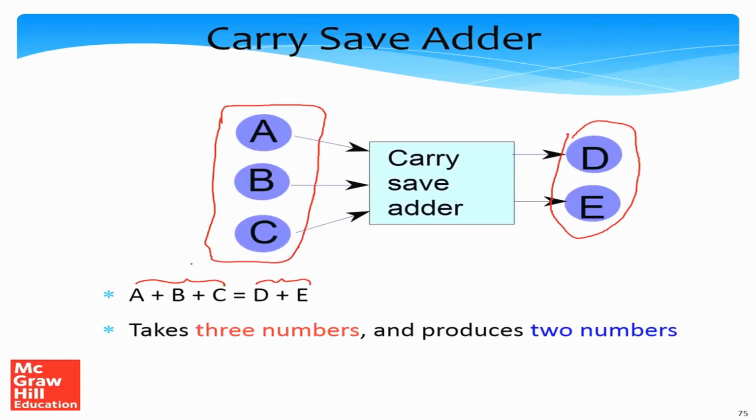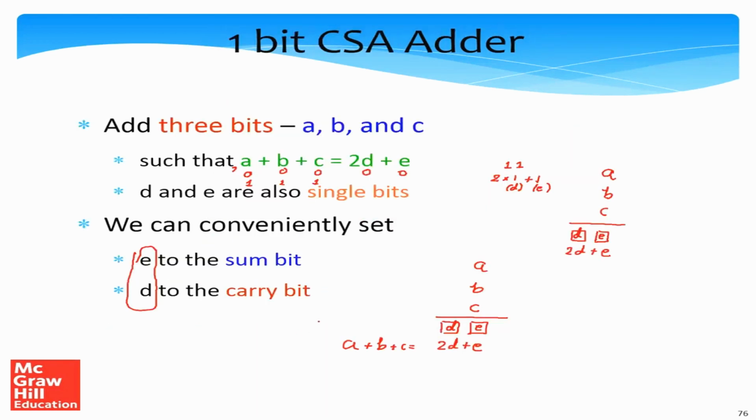If I take a look at the previous diagram, what I have done is I have taken three 1-bit numbers and produced two numbers, where 2D can be thought of as capital D and small e can be thought of as capital E. So the sum of these two is equal to the sum of these three. Now let's do this for more bits.